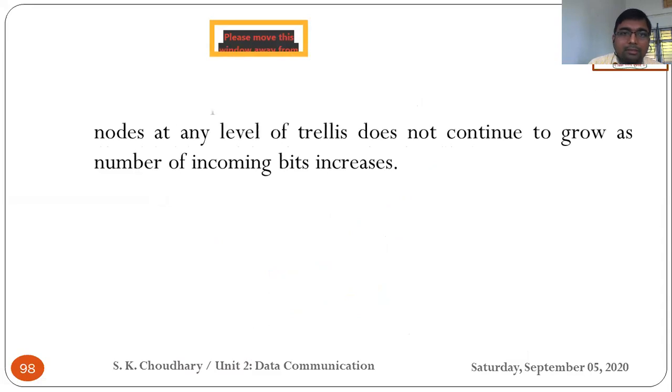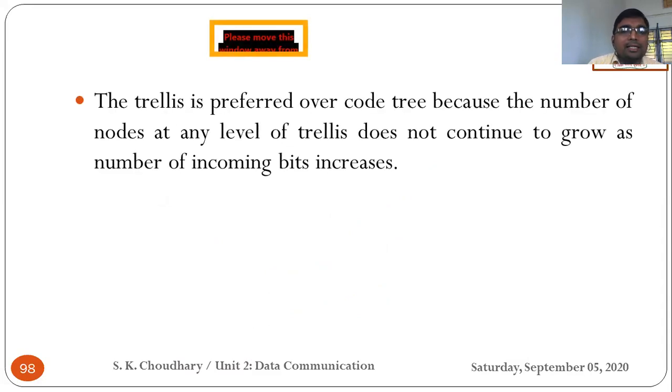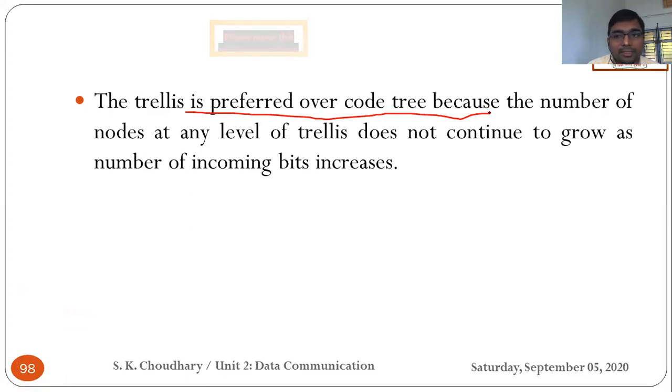Now, come to the next part. You have to see that the trellis diagram is preferred over the code tree. In the code tree, we are also doing the coding in a similar fashion, but the trellis is preferred. Why? Because the number of nodes at any level of the trellis does not continue to grow as the number of incoming bits increases.